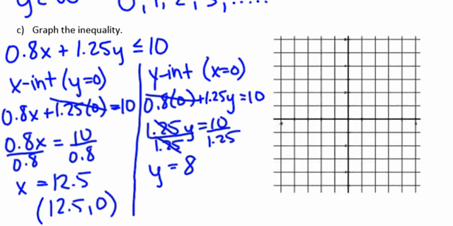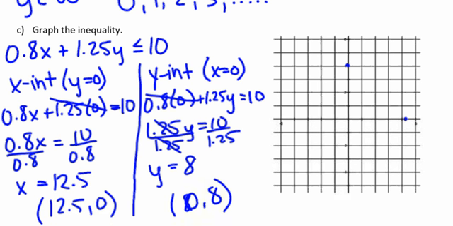So let's go up by, let's say, 3s. 3, 6, 9, 12.5 in a bit. And we'll go up by 2s. 2, 4, 6, 8, and 0. x is 0, y value is 8.